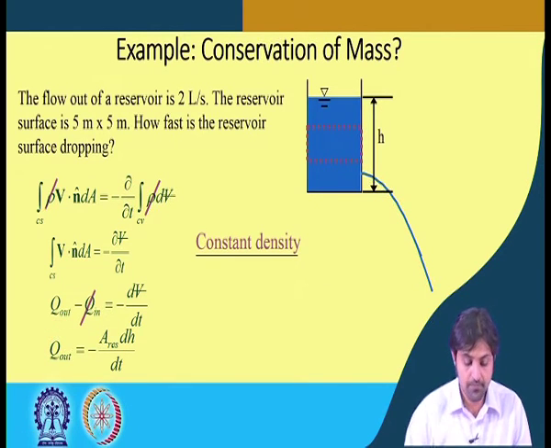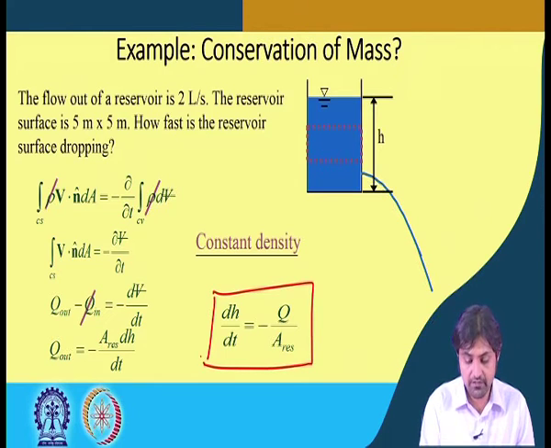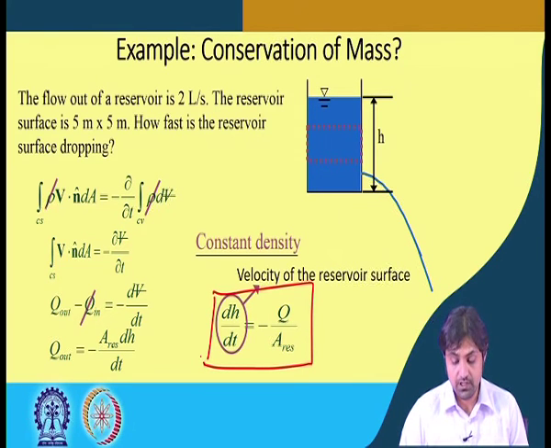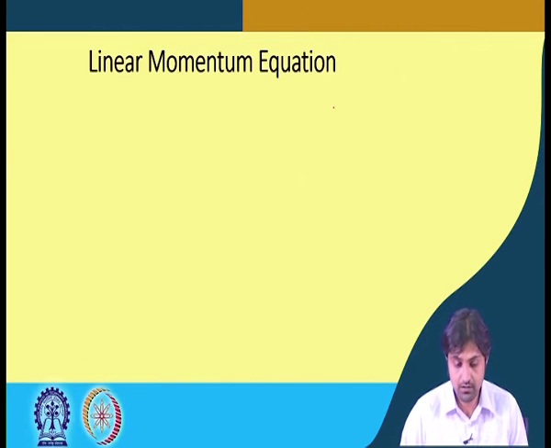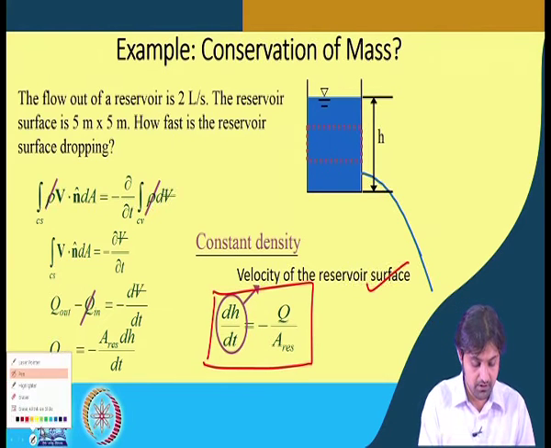Okay. Or we can simply write the rate of fall of height with respect to time is minus Q divided by the area of the reservoir. So dH/dt is the velocity of the reservoir surface. So this is what we obtain.